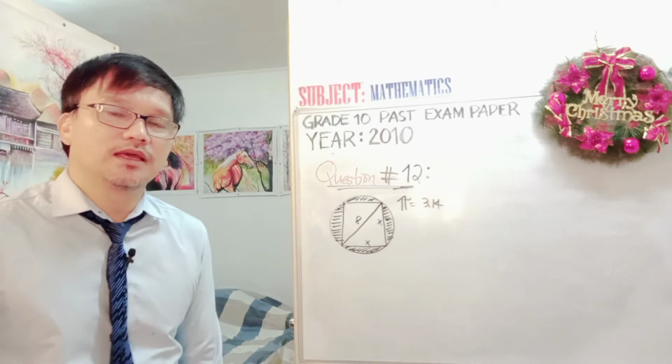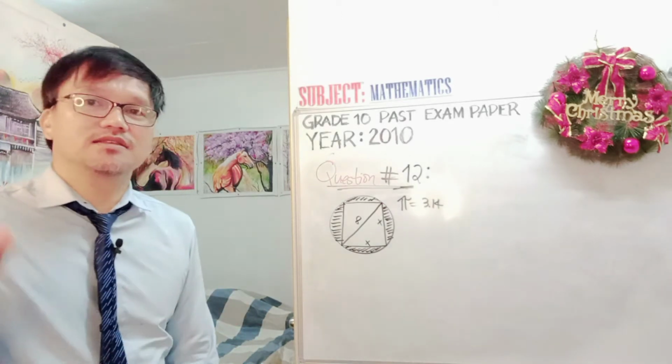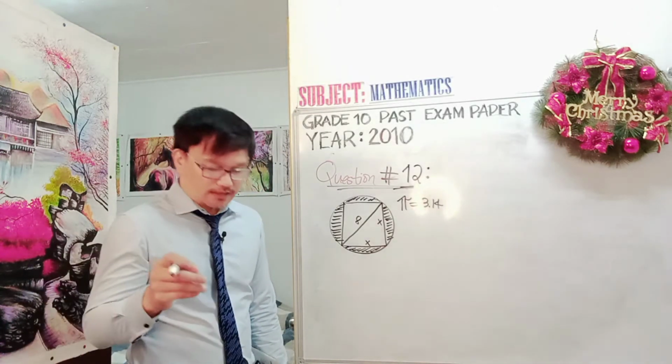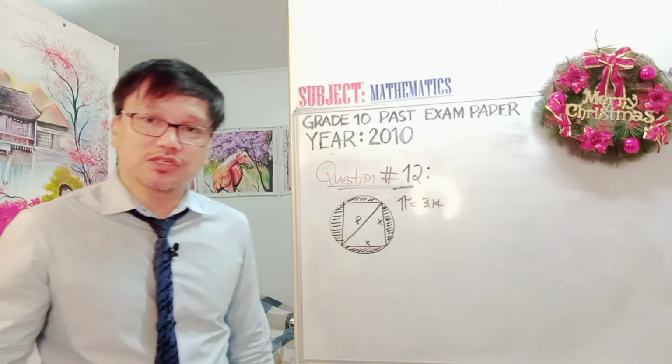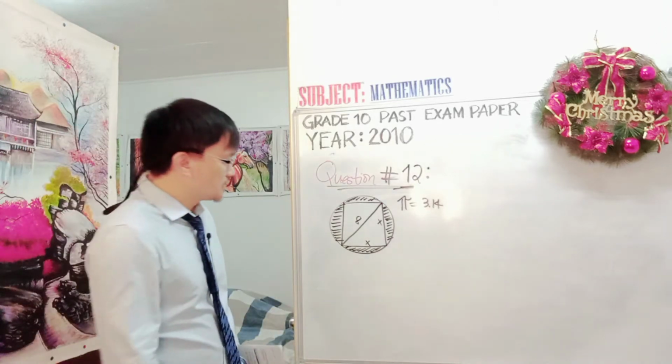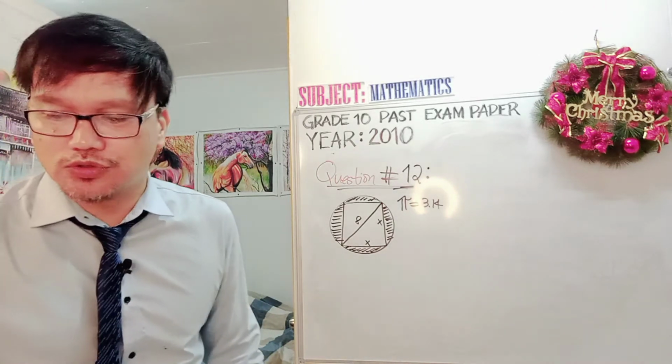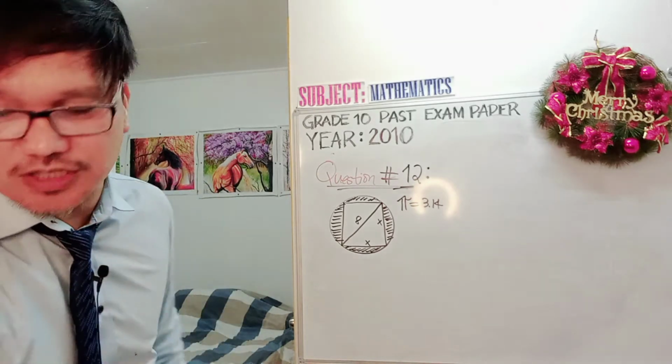Take your time, and if you can make it fast, much better. For those who are very good at performing operations mentally, then it's okay. So what is the best thing that you should do for this kind of question?